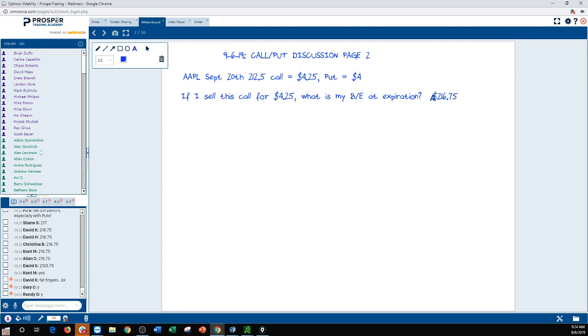Now, just as in the long side, where to the upside in the stock there would be unlimited profit potential, there is theoretically unlimited loss potential in this situation.